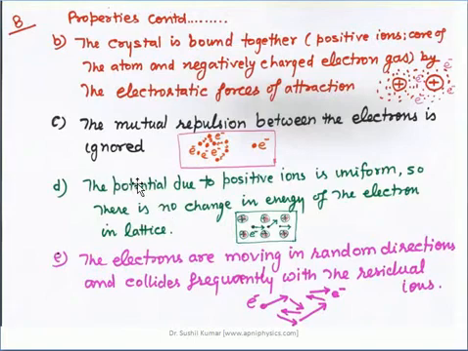The fourth point basically assumes that because of the positive ions of the metal, the potential remains uniform. So there is no change in the energy of the electron in the lattice, right?